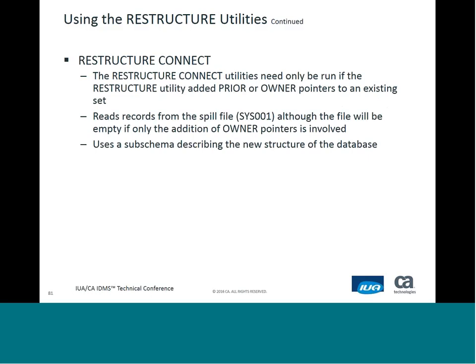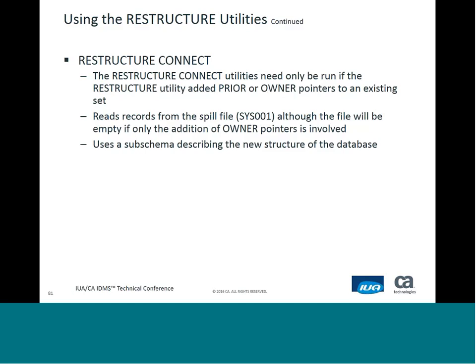This utility comes through and reads the spill file through also sys001 DD name, and if it finds an empty file, in other words, let's say I dummied it because I was just adding owner pointers, it recognizes the fact from using that IDMS RSTT template that owner pointers were implemented or added to the database, and it will go through and connect the owner pointers because the way it processes it, it can know the owners for each one of the individual members.